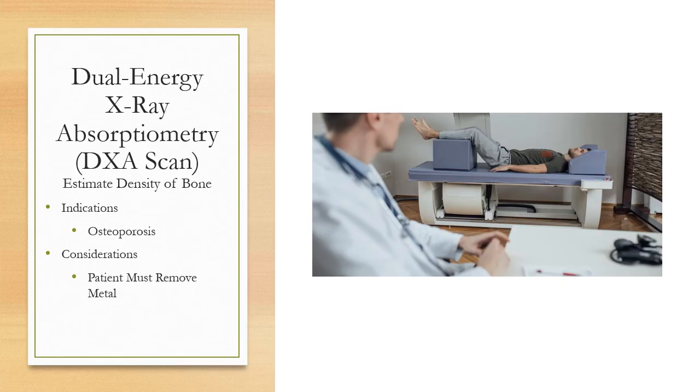Okay, the next test, a DEXA scan or a bone density test. This is really just for osteoporosis. Okay, so who is going to be getting DEXA scans? Well, it's going to be women more than men, for sure. And typically, you can have a baseline DEXA scan to see someone's bone mass even before they're menopausal, say in their 40s, or we can screen for osteoporosis, typically after the age of 50.